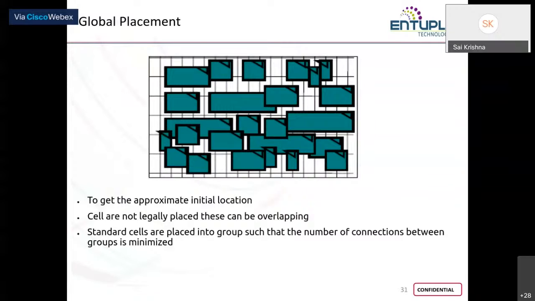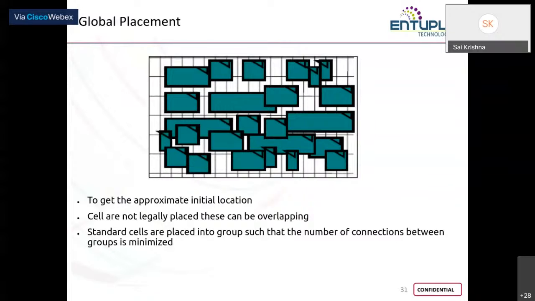That means if and only if both the OR gates are placed exactly in the same row or just one row above or below the AND gate, only then will the wire length connecting the outputs be close enough to avoid any extra delay.